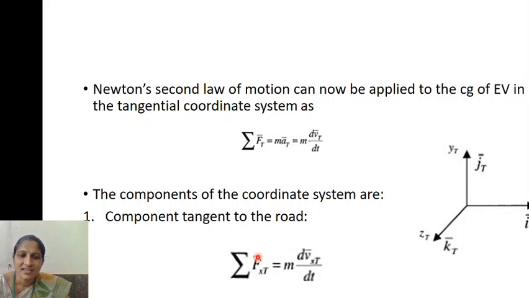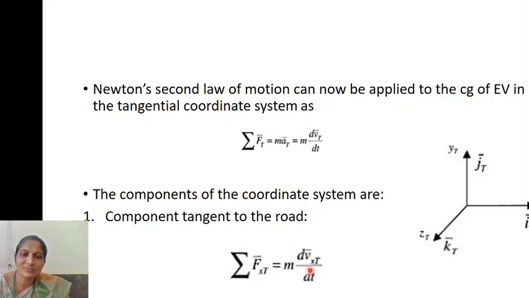Considering the x direction, the force acting is F of x of t, which is equal to m into dv of x by dt. Whereas in the y direction, F of y of t is equal to m into dv of y by dt. And in the z direction, F of z of t is equal to m into dv of z by dt.